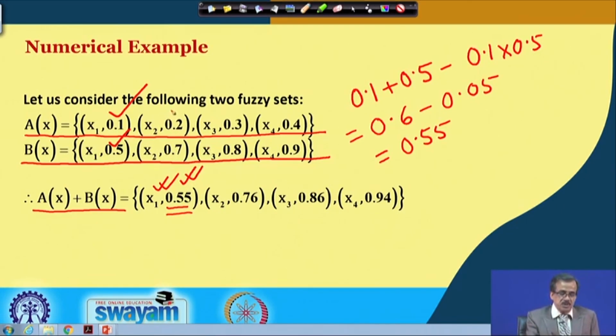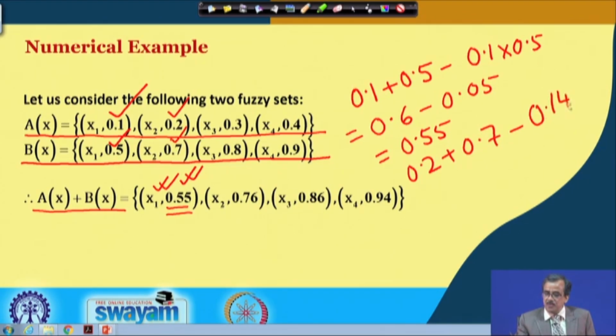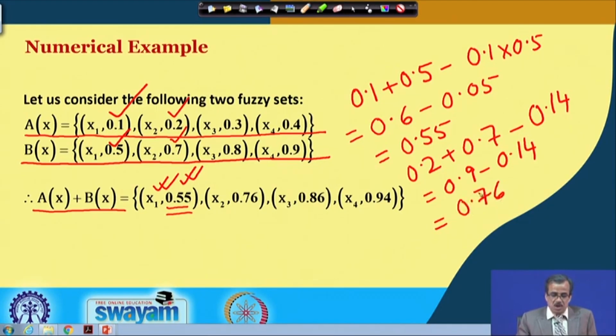Similarly, corresponding to x2, I have got 0.2 here and 0.7 here. So, 0.2 plus 0.7 minus 0.2 multiplied by 0.7, which is 0.14. So, this is nothing but 0.9 minus 0.14, which becomes 0.76.